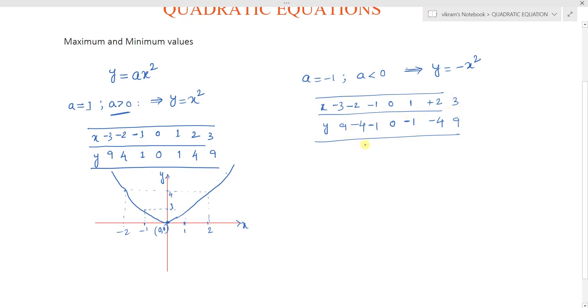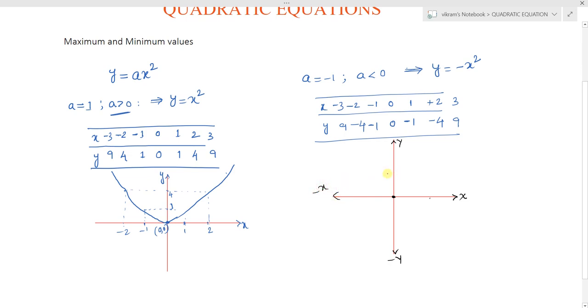Now we try to plot the curve for y equals minus x square. If we draw the plot, if x equals 0, we get y equals 0. Here is the positive real axis and positive vertical axis, while the negative vertical axis shows downwards, and this is the negative real axis.